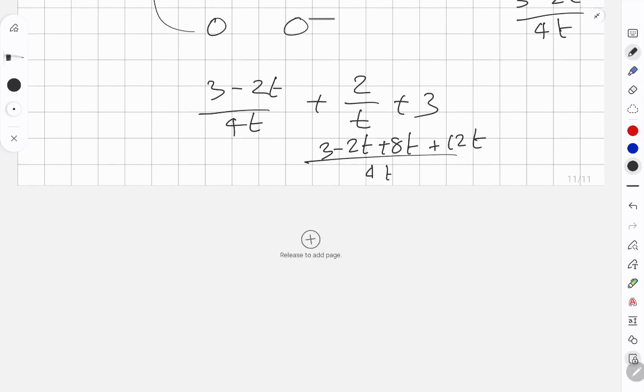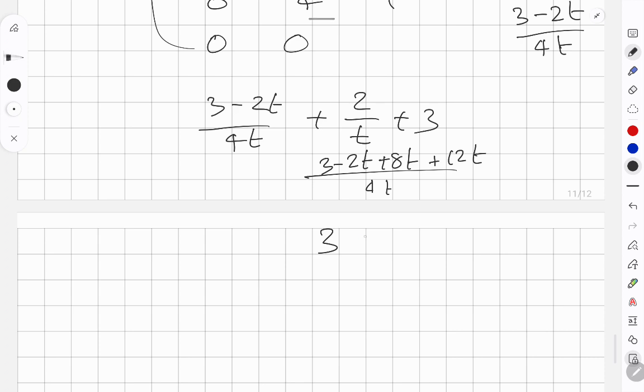And I will get 3 plus 18t, 3 plus 18t divided by 4t. 3 minus 2t plus 20 minus 2, 18. 20 minus 2, this is 18.